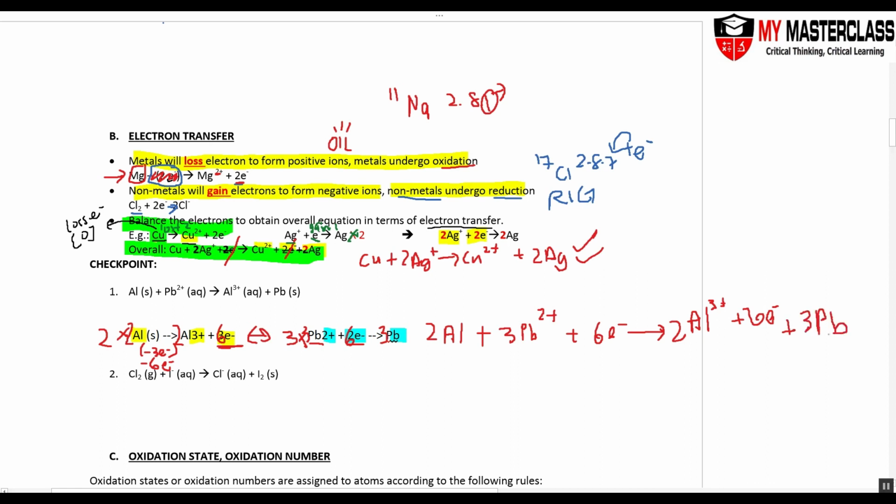I'm just combining all the starting material and the products. Then cancel the things that appear on both sides, which is your 6 electrons and 6 electrons.